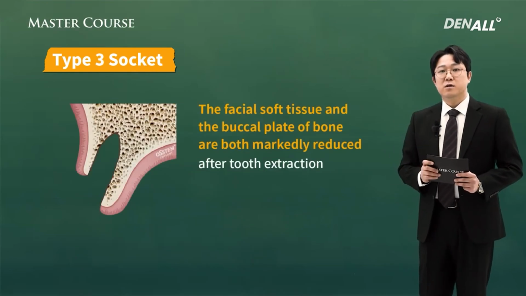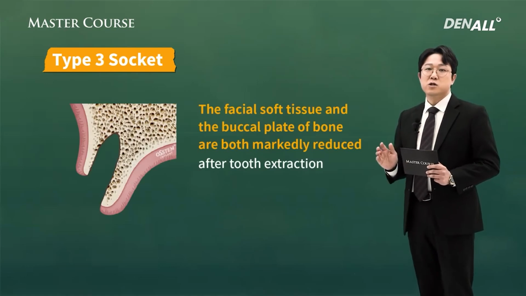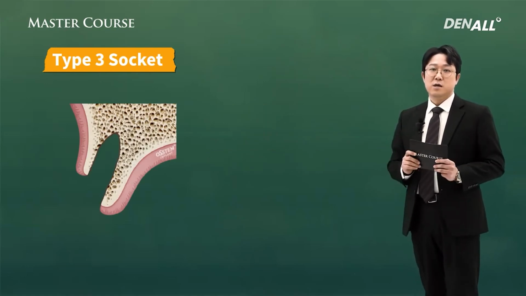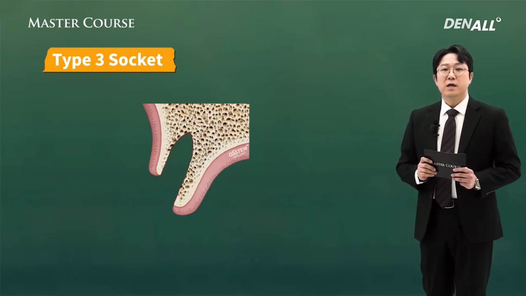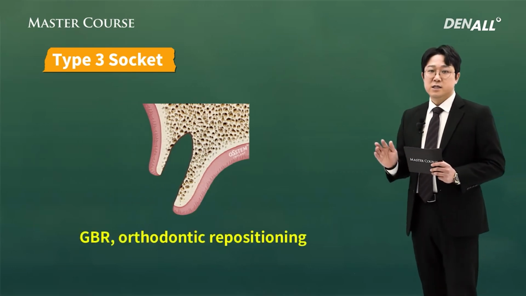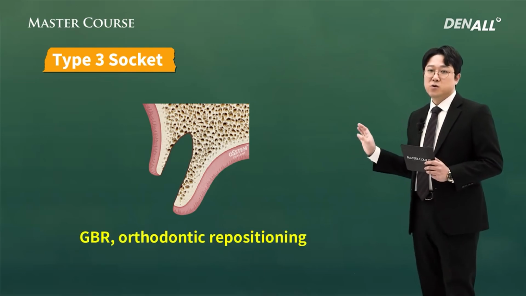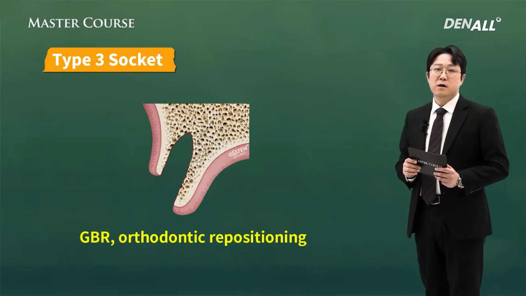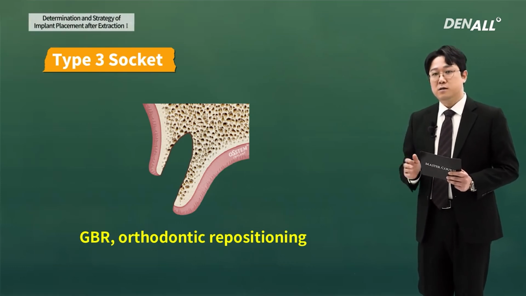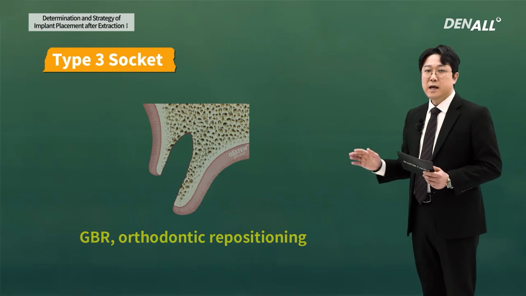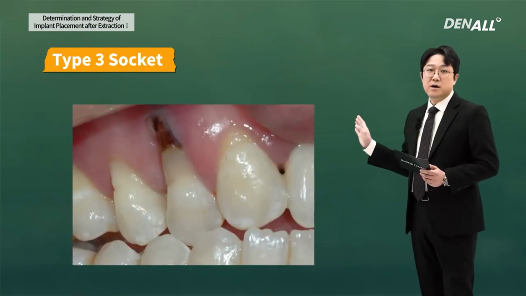In the case of type 3, there's both alveolar bone and soft tissue resorption, so implant treatment is very difficult. In those cases, Ilia recommends a GBR or orthodontic repositioning to restore the socket shape before implant placement. This is the situation.